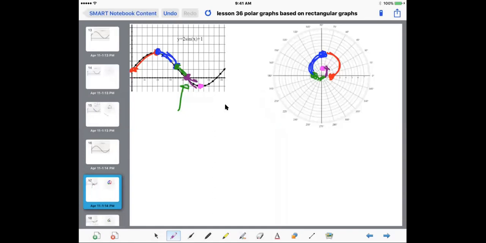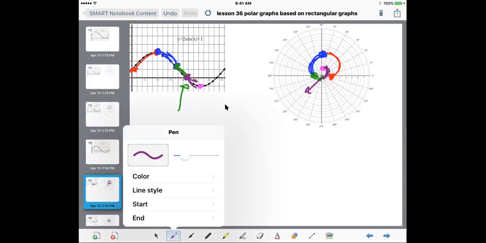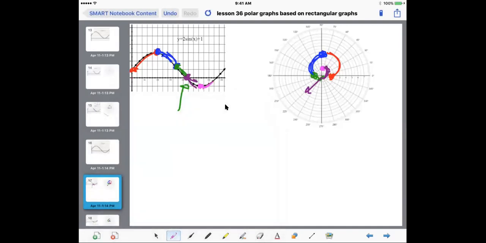So at 230, we're pointing this way, but we're going backwards. And that's where this starts happening. And if I continue from here to the next x-intercept, it's going to go like that. That's because I'm facing now in this direction, but I'm going backwards.